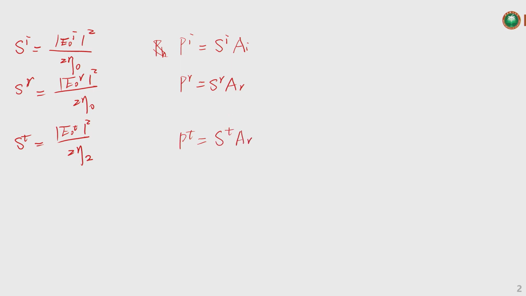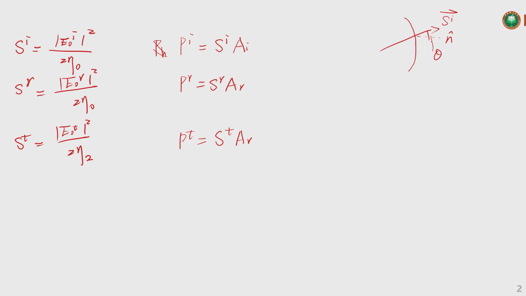If the surface has a normal direction, there is an angle between the normal direction and the power density.